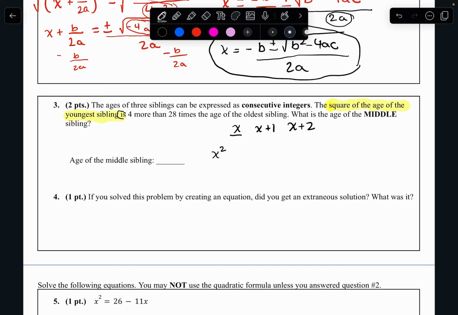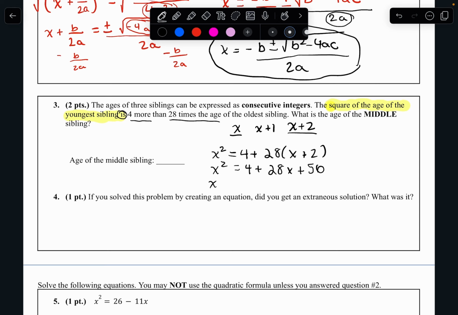Then that word "is" means equal sign. 4 more means 4 plus 28 times, so multiplication, the age of the oldest sibling. The oldest sibling is x plus 2. Bam. So now we have x squared is equal to 4 plus 28x plus 56.